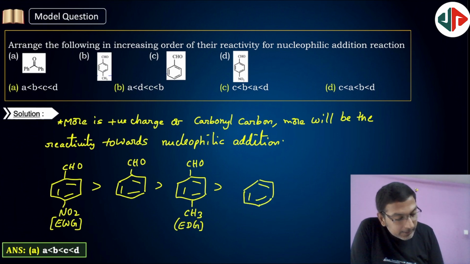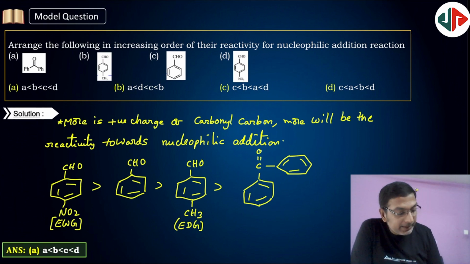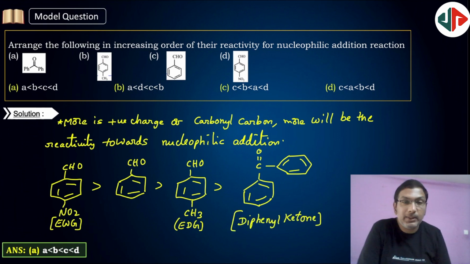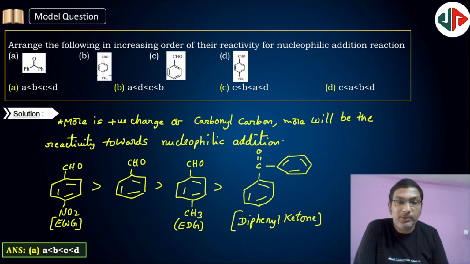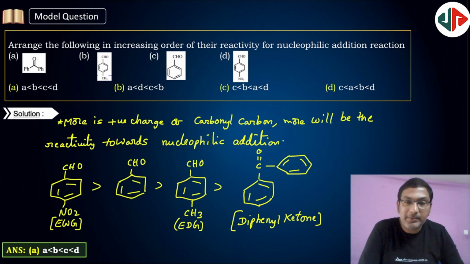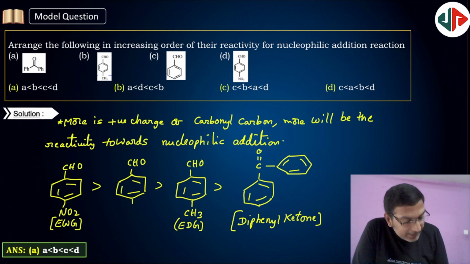you can write the structure like this, CO, diphenyl ketone. So least amount of positive charge, diphenyl ketone. There will be maximum positive charge on the carbonyl carbon if an electron withdrawing group is present, that means NO2. Maximum positive charge means most reactive. After that, just H, neither withdrawing nor donating.